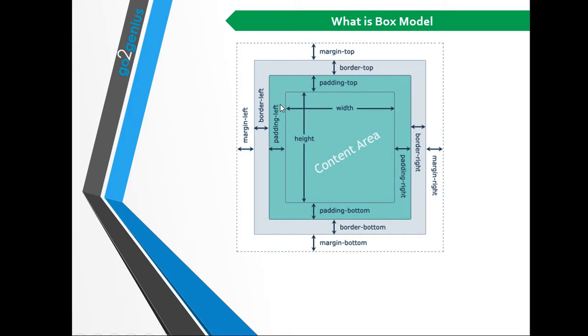Again, when we give a border for the element, the width and height increase by adding the border width. Same as when we give a margin on any side, this margin also increases the width and height of the element, which will be occupied by this element on the web page.